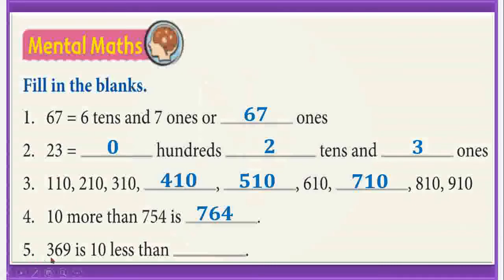Question number 5. 369 is 10 less than dash. So 369 is 10 less than 379. That means if you subtract 10 from 379, you will get 369 as difference.